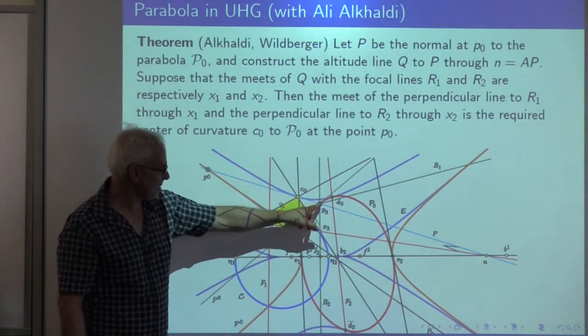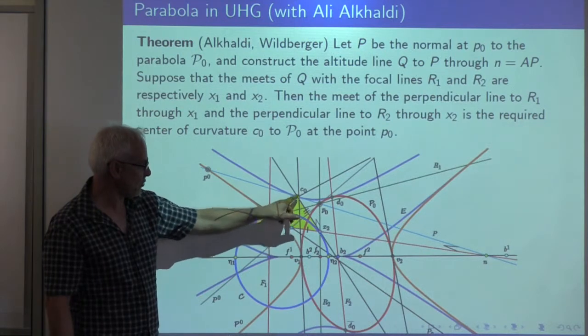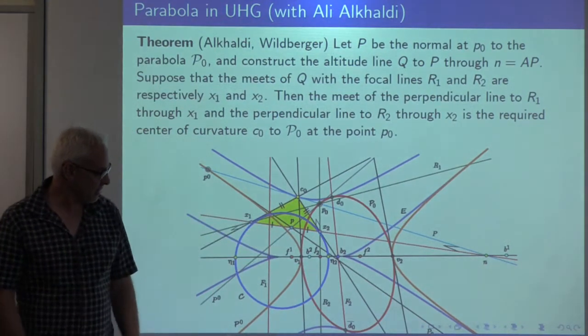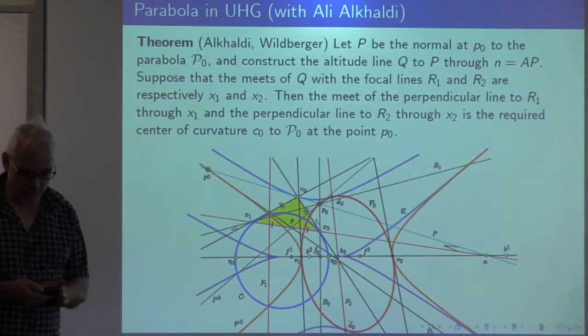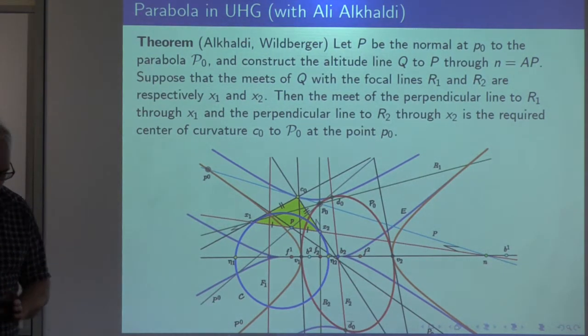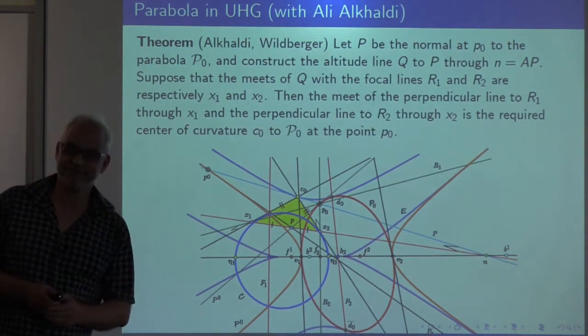So the place where adjacent normals meet is this point here in this construction. So much more to be said, but I think this general orientation opens up a lot of new areas for investigation.